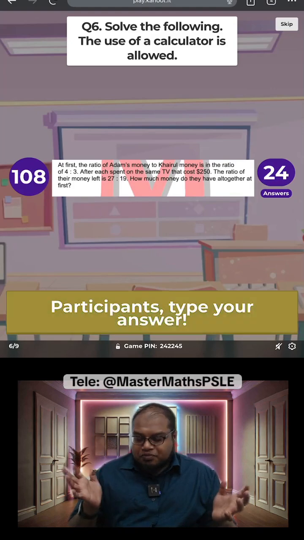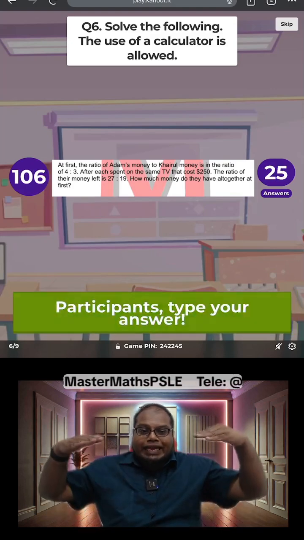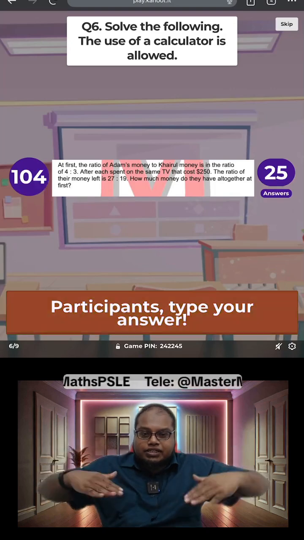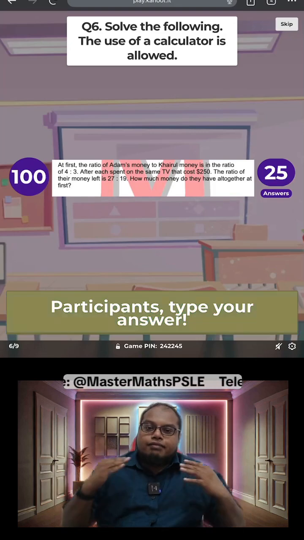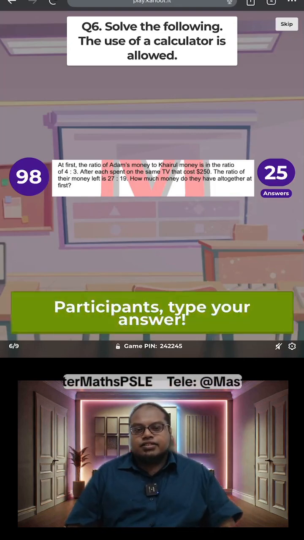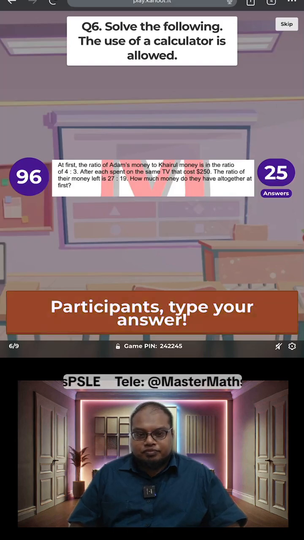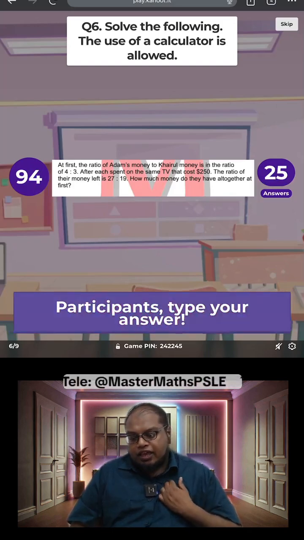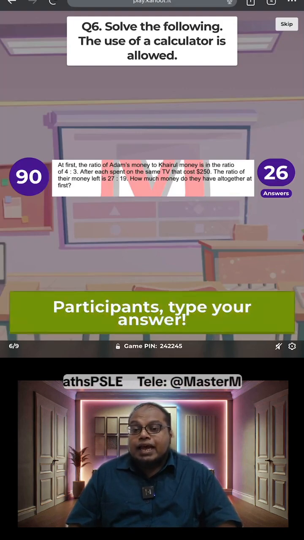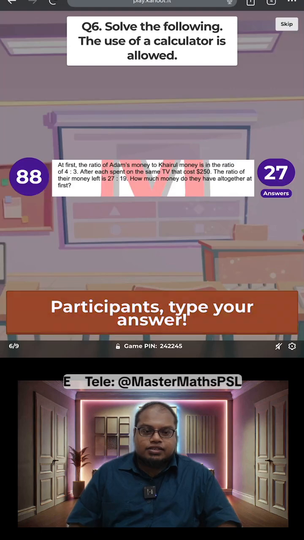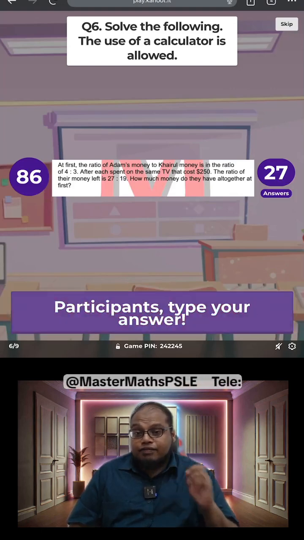So both of them have an equal decrease. When it's an equal decrease, what remains unchanged? We are asking how much money do they have all together at first. Remember, it is at first.